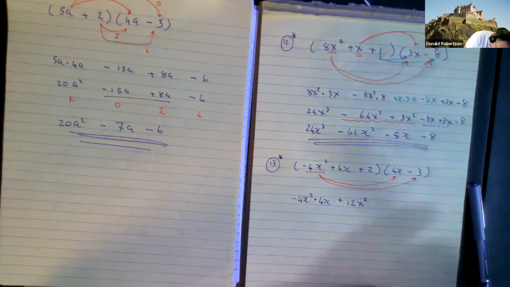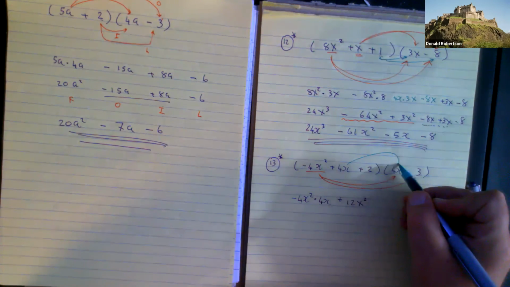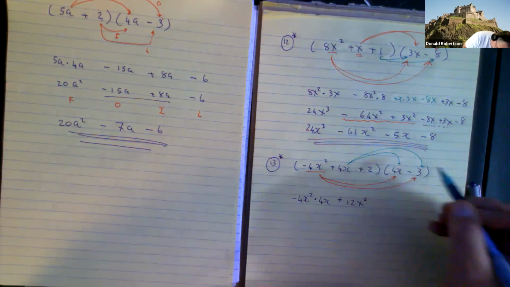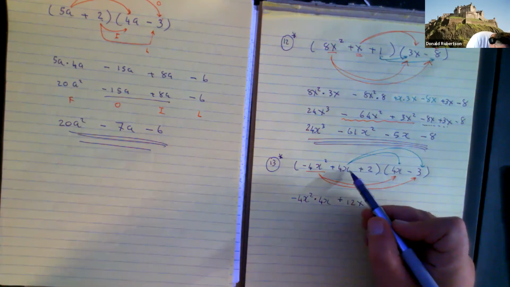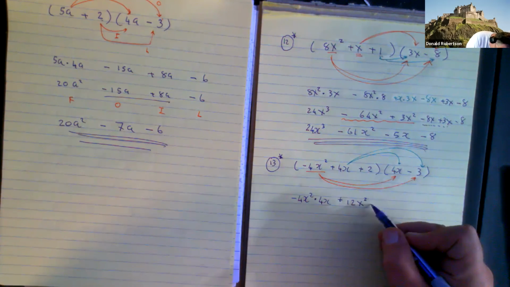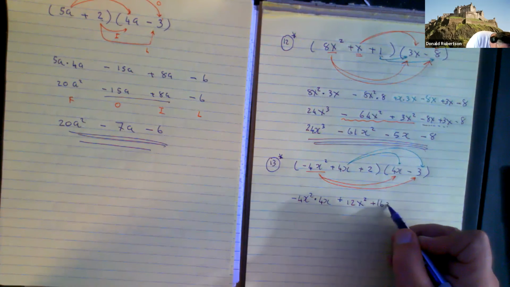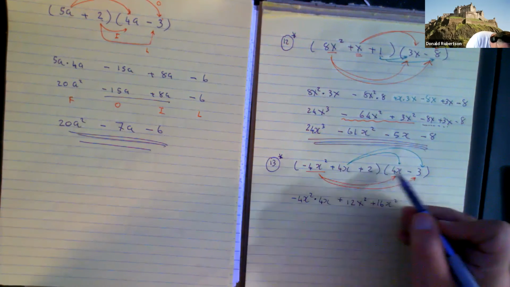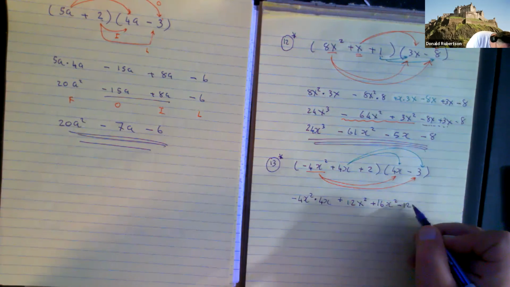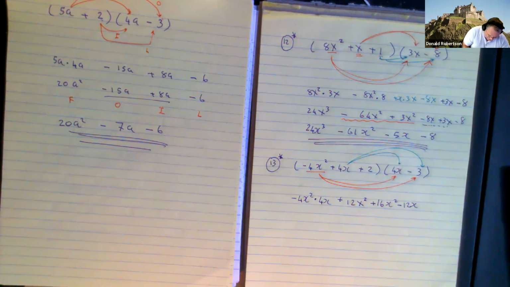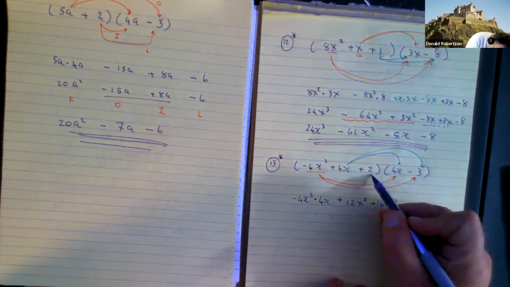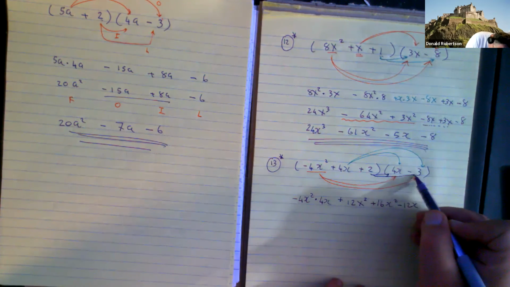Now, if we move to, say, the middle term, you're going to do these two guys. And you could do them in my head, I think. 4x times another 4x is positive 16x squared. And 4x times negative 3 is negative 12x. And then last would be this guy times him and this guy times him.